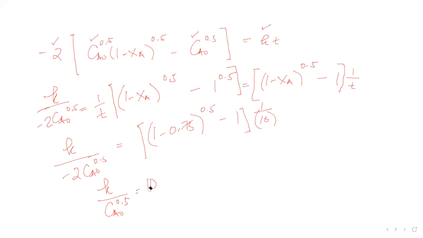The new set of value, so if it's 1 over T, we will divide by T. The K over CaO raised to 0.5, the T here is 1 over T. So it should not be multiplied by 10, but rather divided by 10.